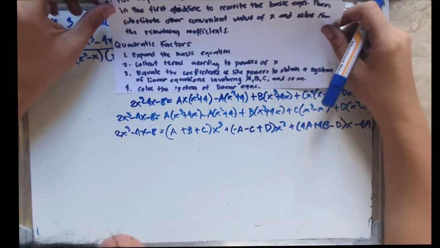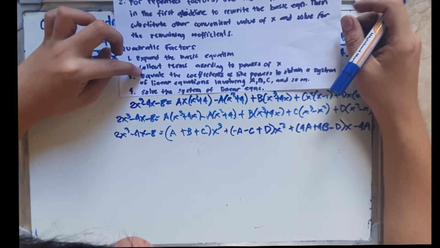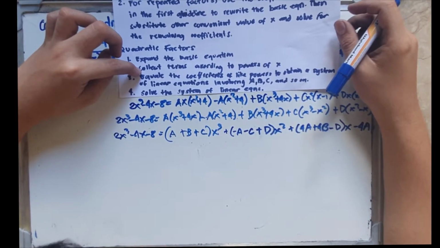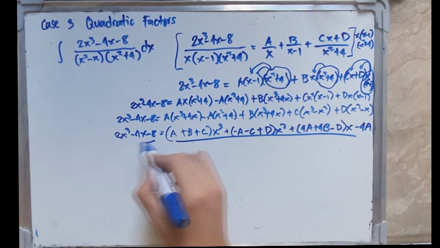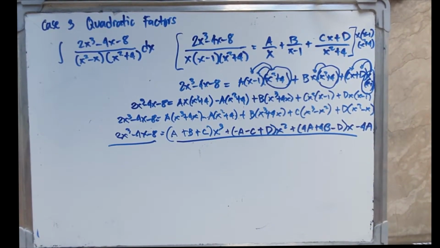Now what shall we do? Equate the coefficients of the like powers to obtain a system of linear equations involving a, b, c. So I'm going to equate the right side to the left side. Okay.